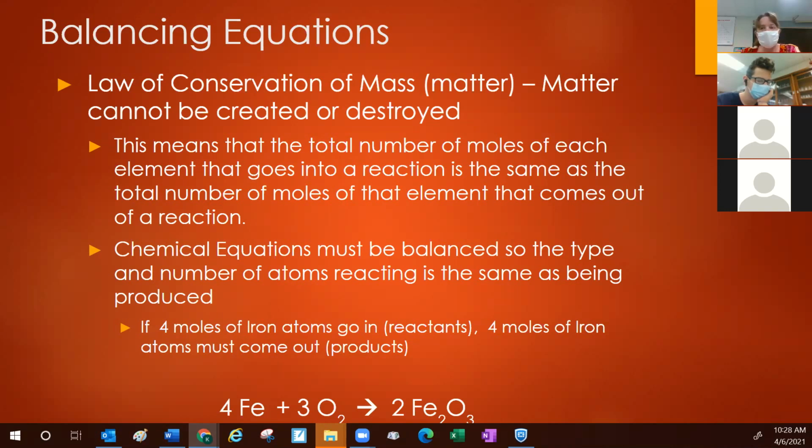They might change from being an element to a compound or a compound into an element, but either way, the numbers have to be the same. Sometimes the numbers don't work out when a chemical reaction is first written. So we have to do something called balancing to get the math to be equal on both sides of the equation.